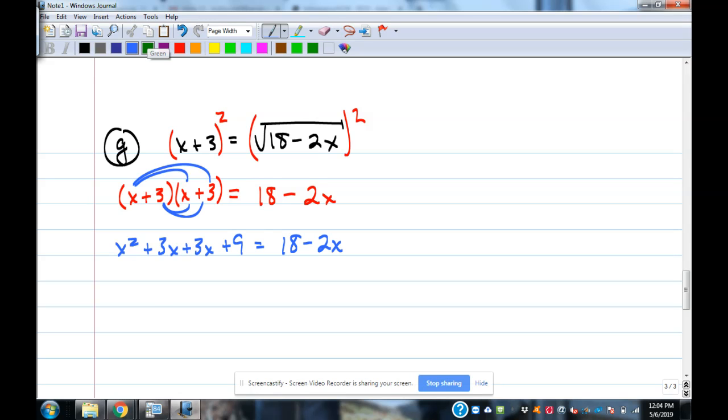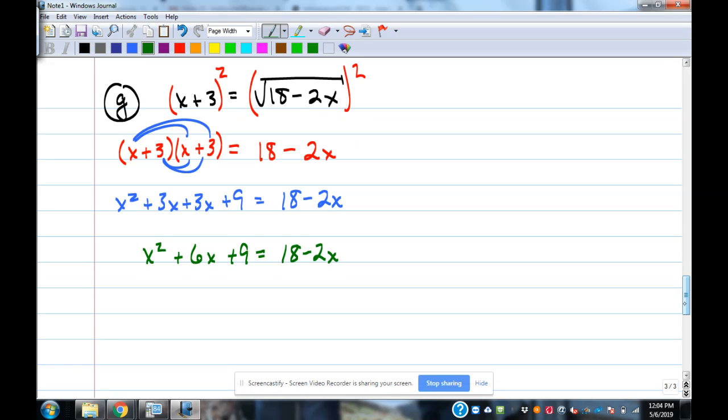I'm going to simplify. Now, it's got an x squared in it, so I need to get it equal to what? 0. So I'm going to move stuff. I get it equal to 0. So I'm going to move the 2x by addition. I'm going to move the 18 by subtraction.